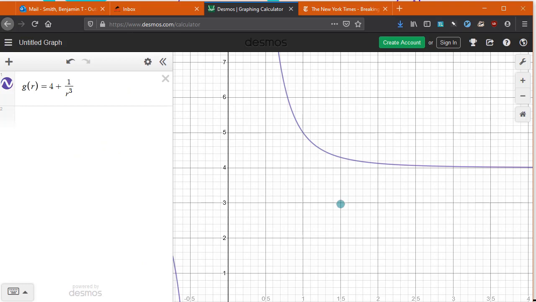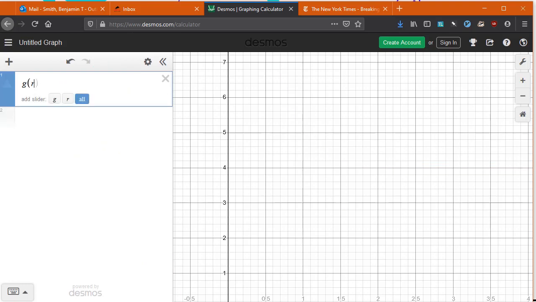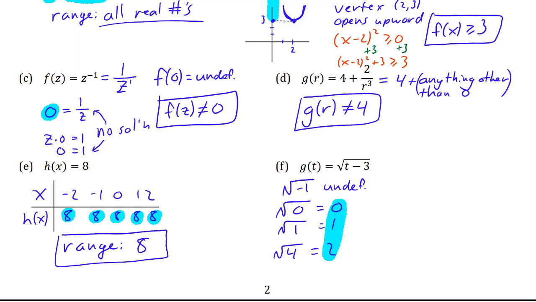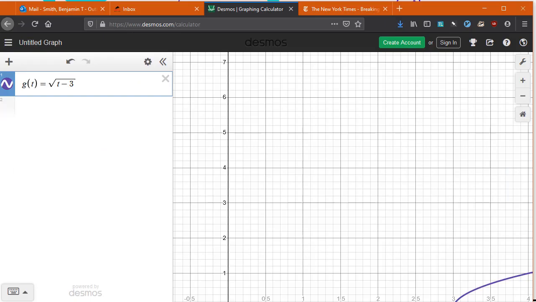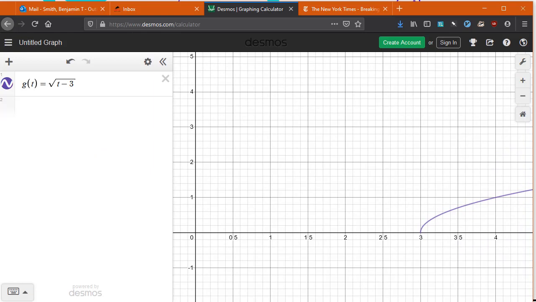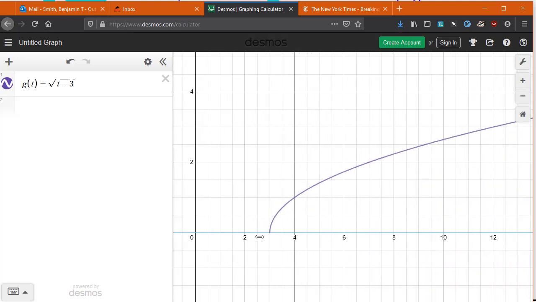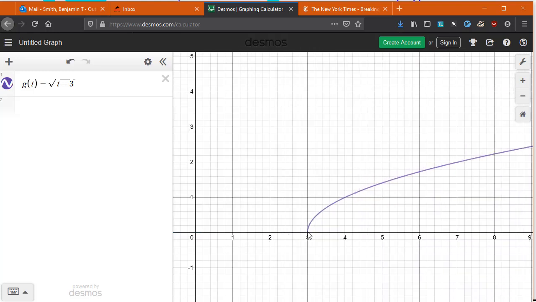And you can see that with a graph. Let's double check that. Okay, so it looks like this. And looking at the graph here, what are the y coordinates you get? Zoom out a little bit here so you can see, if you plug in t equals 3, the result is 0.